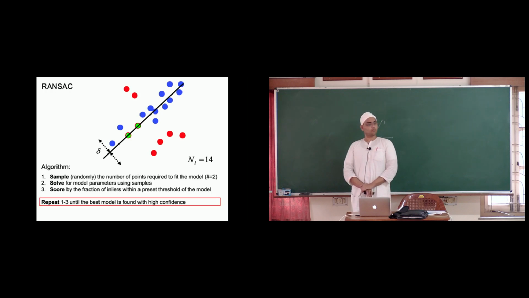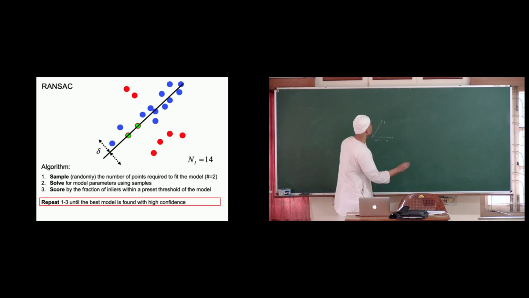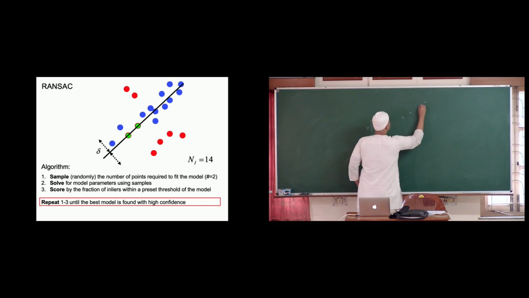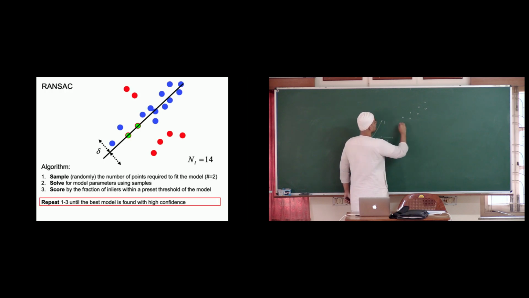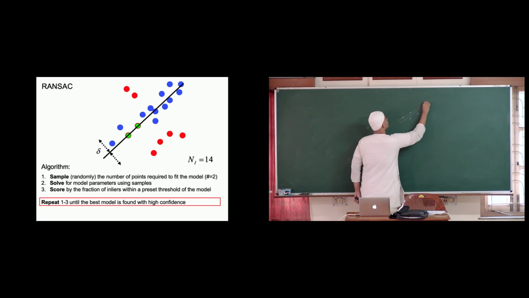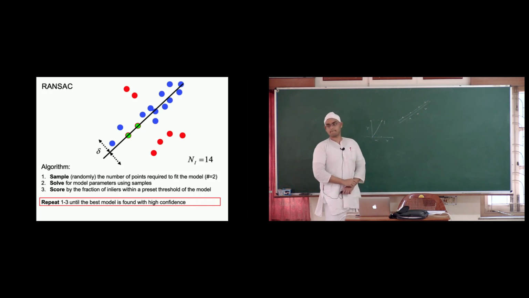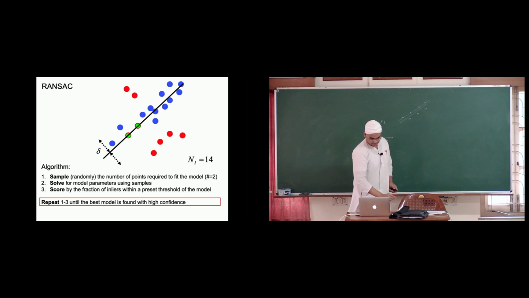So those points must belong to the model, at least 2 points. That is actually a loophole or a problem of RANSAC. For example, if you have points like this, and you probably would like to fit a line like that, but RANSAC cannot do that. It will probably come up with something like that.